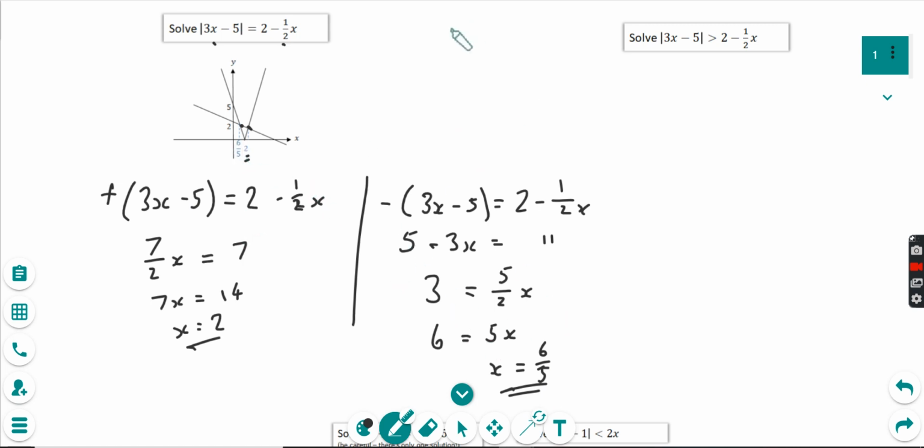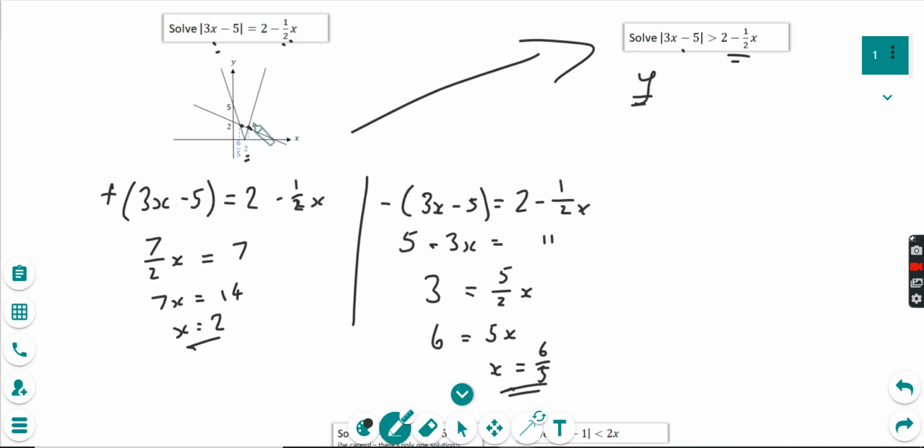And we can use that to help us answer this question. So solve the same thing is greater than the same thing. So where's the modulus part? Where's sort of the y? Yeah, the y ordinate higher than that for this one. So it's where it's above, basically. And where is it above? It seems to be above outside of these values.